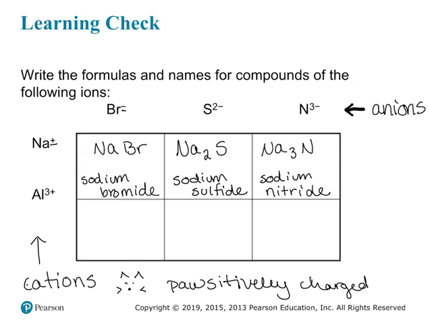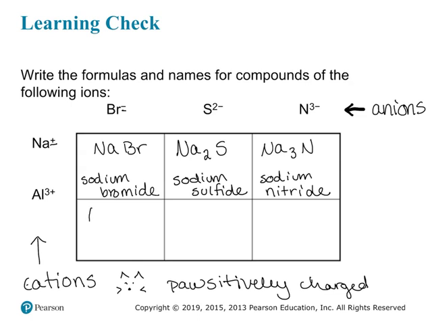What if we pair aluminum with bromine? What is the formula? So we have a 3 plus charge and then a minus 1 charge. So how many bromine ions do we need to balance the charge on aluminum? 3.